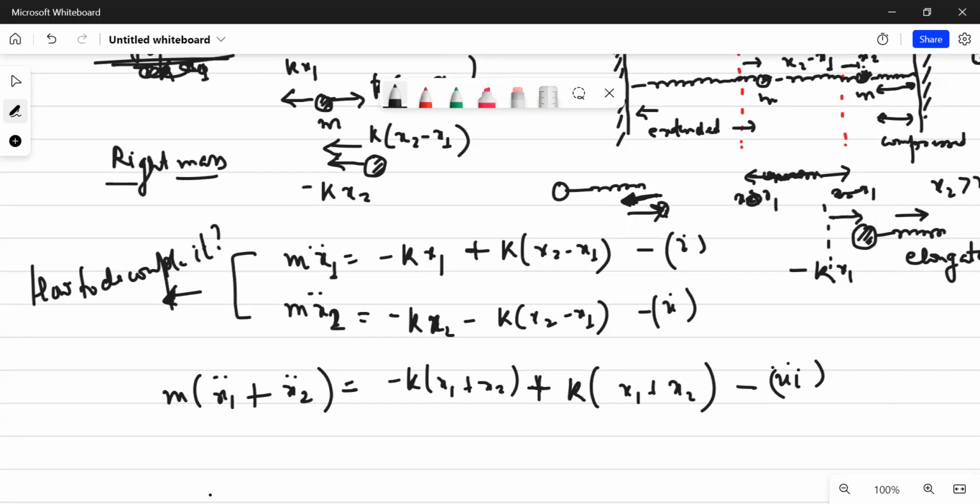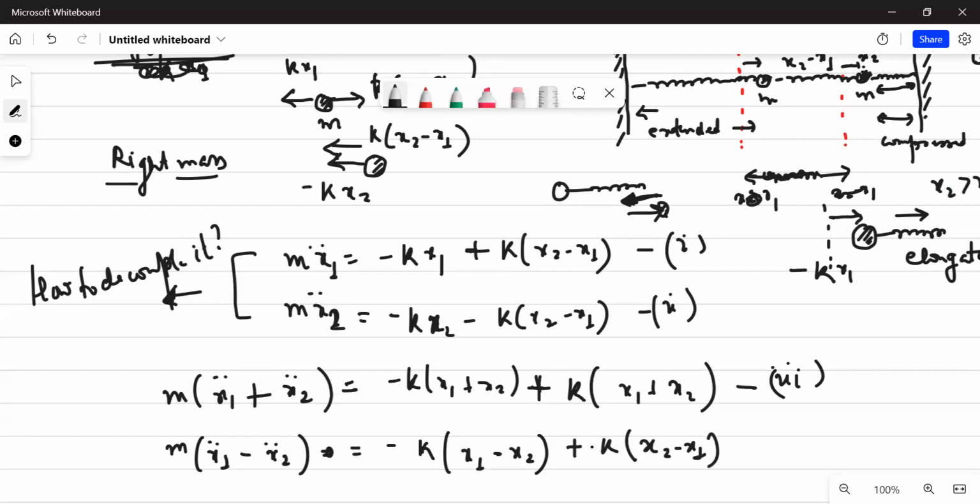And if you subtract both of them, so you'll have m (x1 double dot minus x2 double dot) equals to, sorry, plus equals to, चलो घटा ही देते हैं, तो ये कितना है, minus k, and if you take minus common out, this will be like minus k (x1 minus x2), and then you have plus k (x2 minus x1), and 2 times.